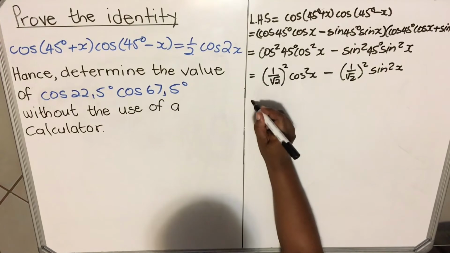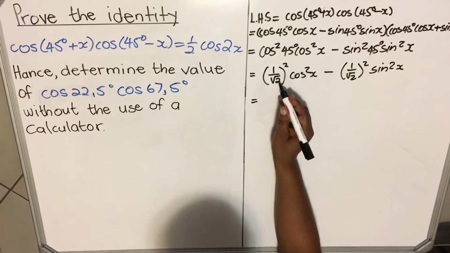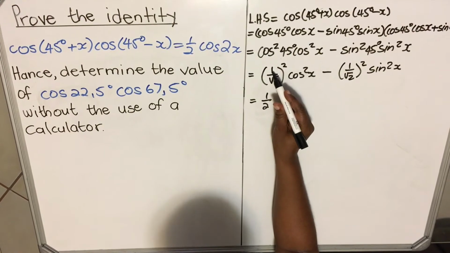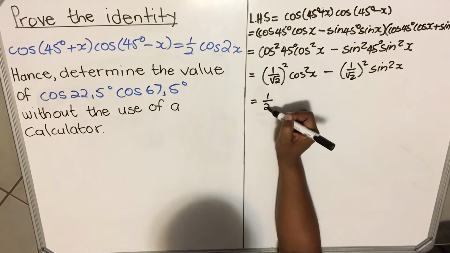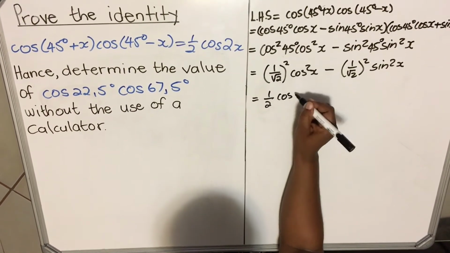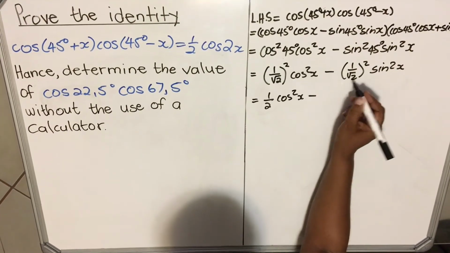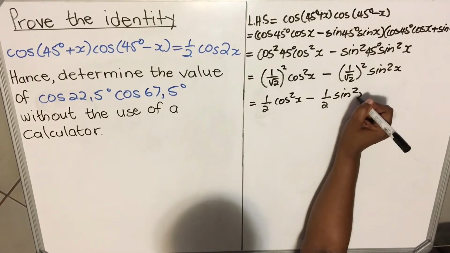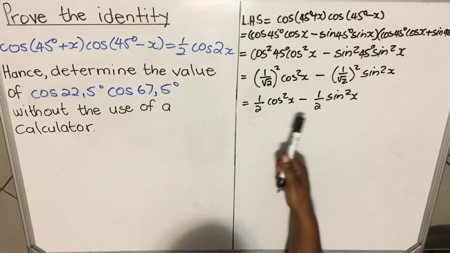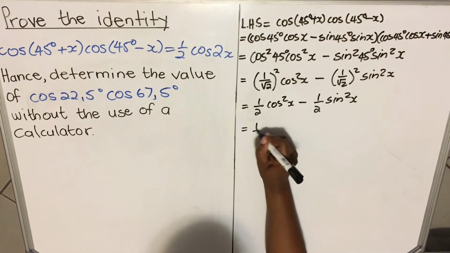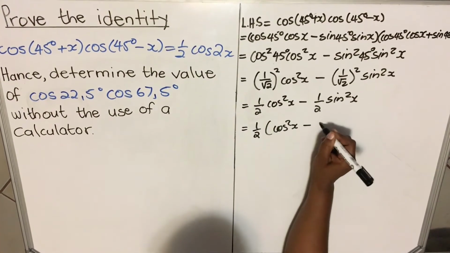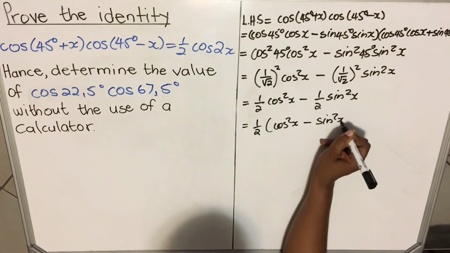Now this will be 1 over 2. The square root of 1 times 1 is 1, and the square root times the square root is 2. So we have ½ cos² x minus ½ sin² x. When you look at these two, you take out a common factor of ½. Then you have cos 2x minus sin 2x.